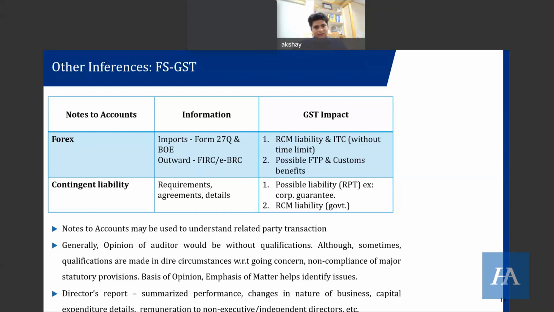I will not spend time there. Contingent liabilities. This is something which may or may not have a GST implication. For example, one having a GST implication is a corporate guarantee, where there is no cost available, but it is a guarantee given by, say, a parent company to its subsidiary company on a loan, and therefore that activity can be deemed as a service.